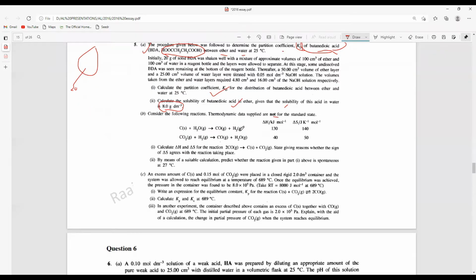So you are given two reactions, carbon with water giving carbon monoxide and hydrogen, and carbon dioxide with hydrogen giving carbon monoxide and water. Okay, so their enthalpy and entropy values are given. These are not delta H theta values because they are not in the standard conditions.